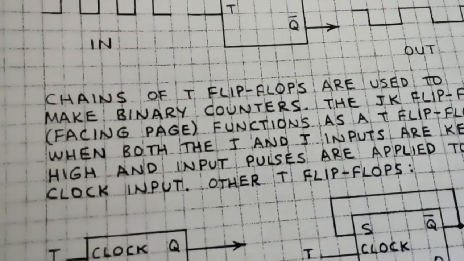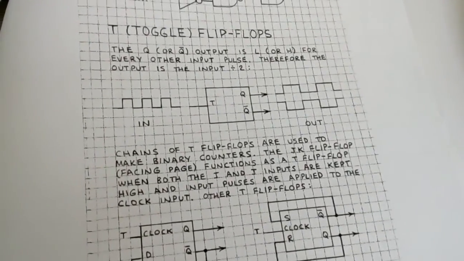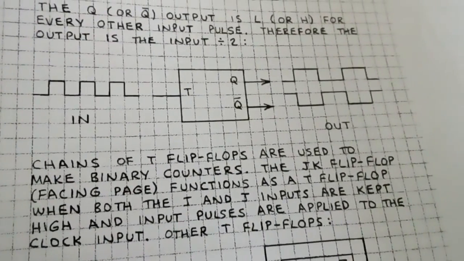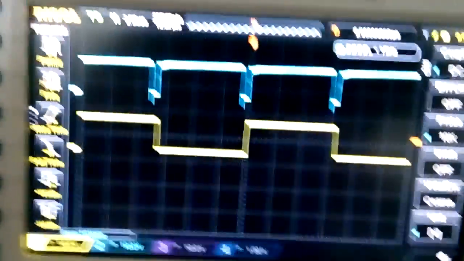Very similar operation. Yes. So it's very similar to a toggle flip-flop, and you can see that the output is the input divided by 2. So the output frequency is half of the input frequency, which is very clearly seen here.